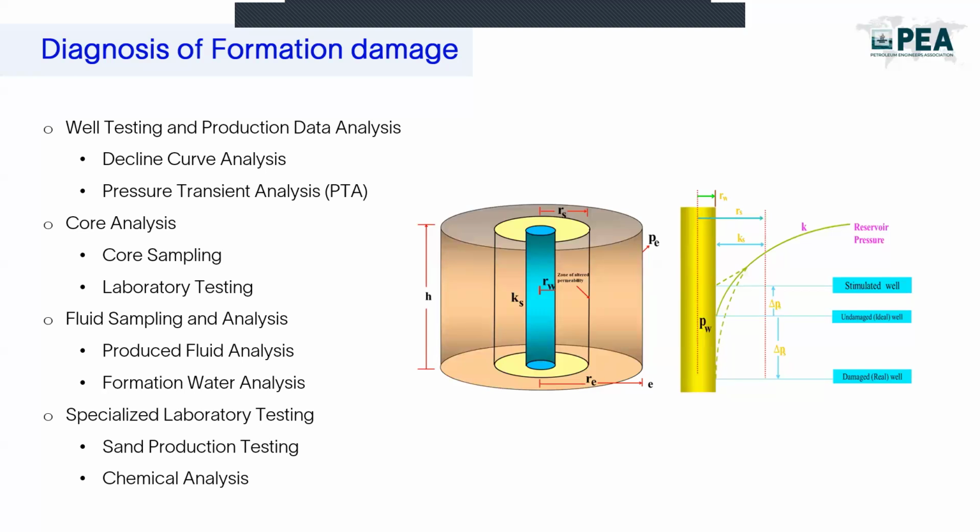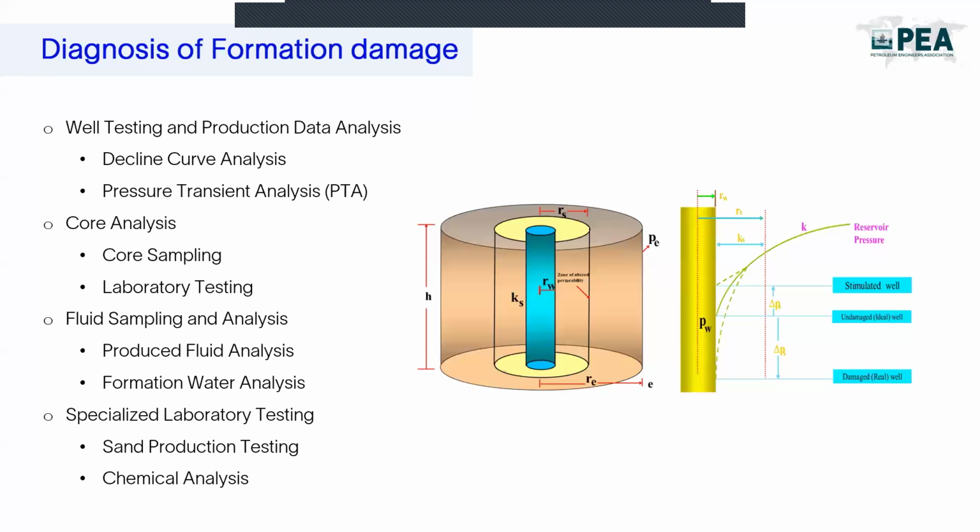Like we normally have a stable decline or a stable liquid rate, and sometimes we might have a sudden drop in the production rates. This could be a signal of damage. So this is the most famous technique.